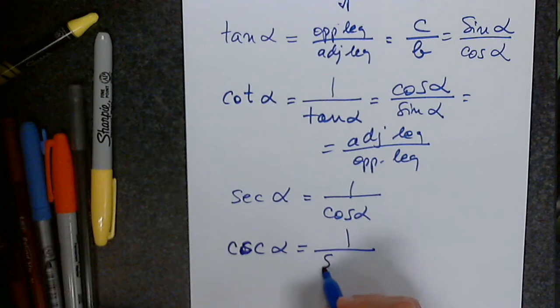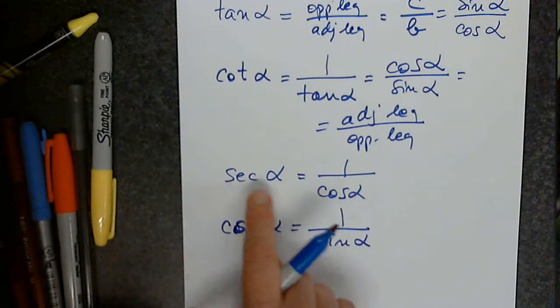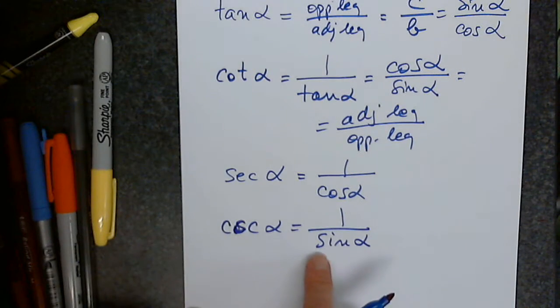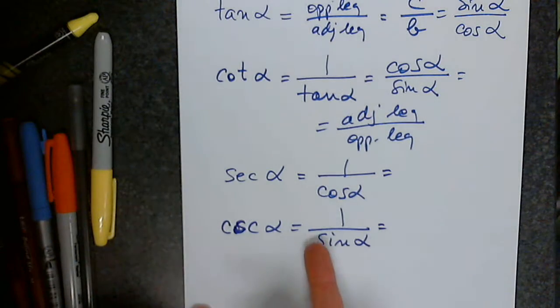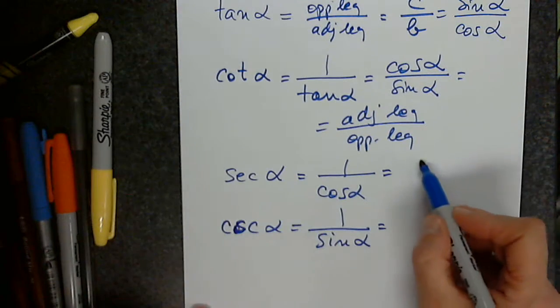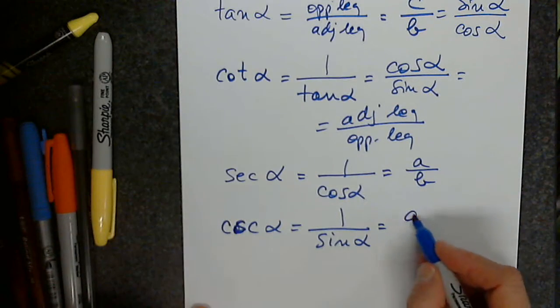It will be 1 over sine alpha. S, C, C, S, easy to remember. So if it's 1 over cosine, then it's A over B. If this one is 1 over sine, then it's A over C.